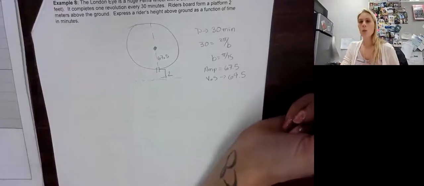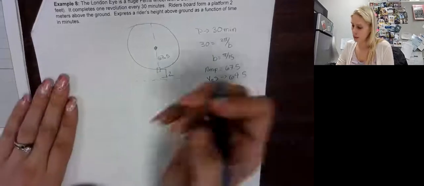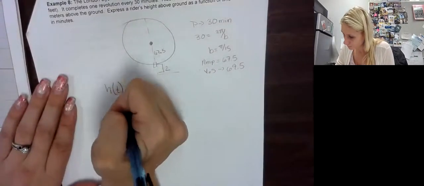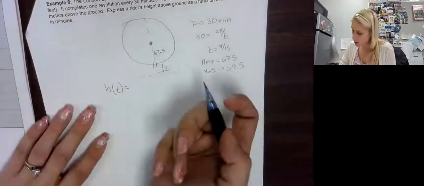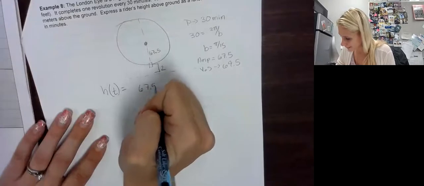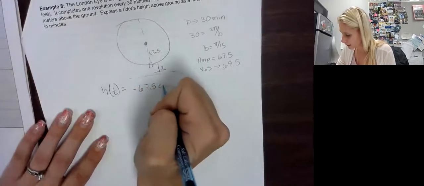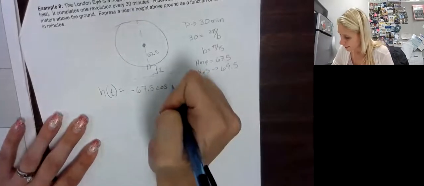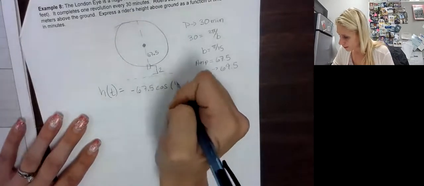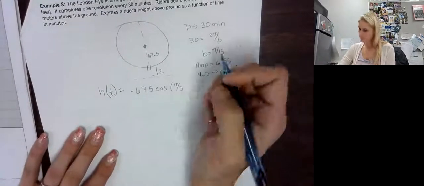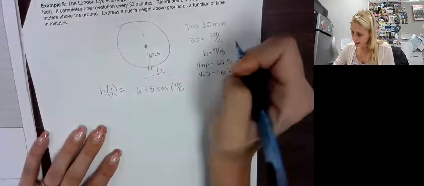And of course, just like in our other problem, when we write a Ferris wheel, we always start at the bottom, which would be a negative cosine. So now when we make our equation, we have our amplitude of 67.5, but it's a negative cosine because we start at the bottom. We have our period of pi over 15, and then x.